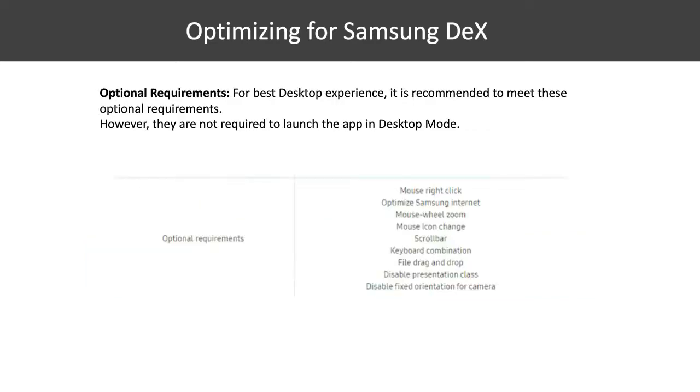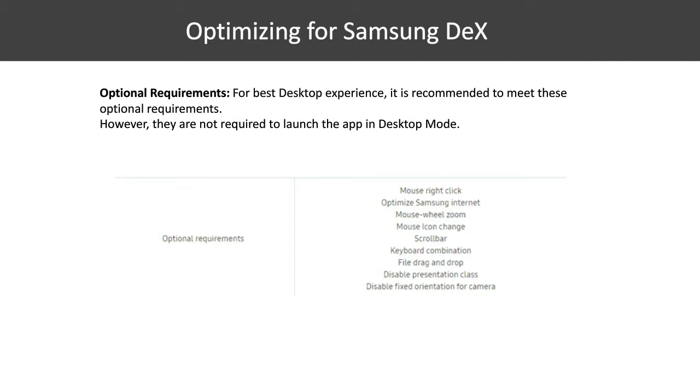So these are some of the optional requirements which will enhance the user's experience even more. Like you can support mouse right click, optimize your browser for Samsung Internet, mouse wheel zoom, and support mouse icon change. You can also support scroll bar, keyboard combination, and drag and drop functionality.